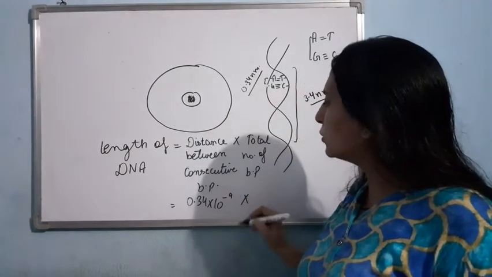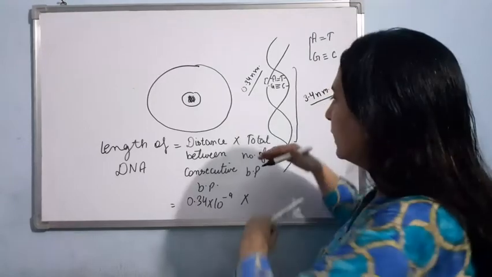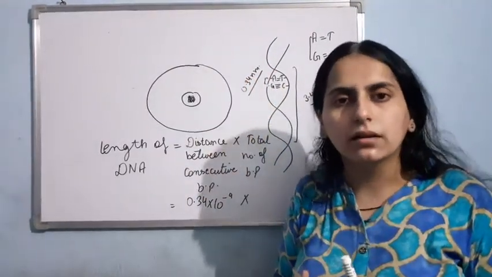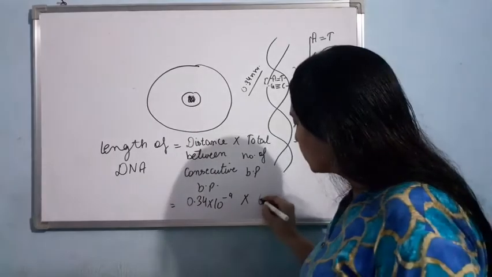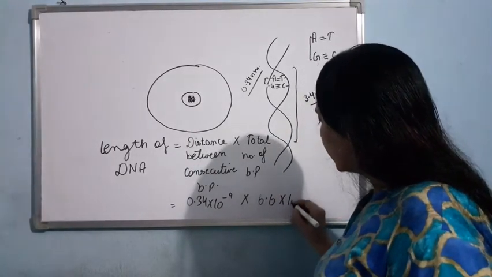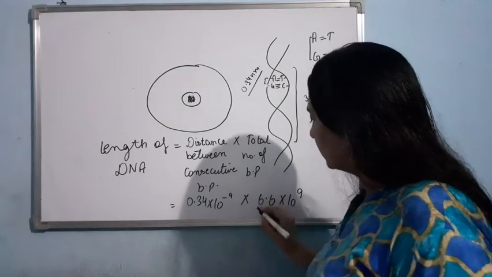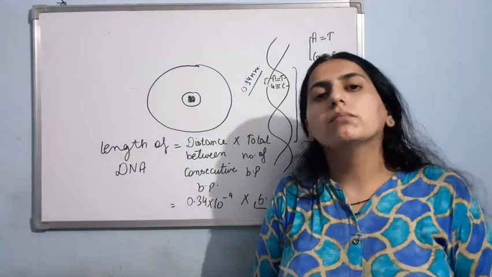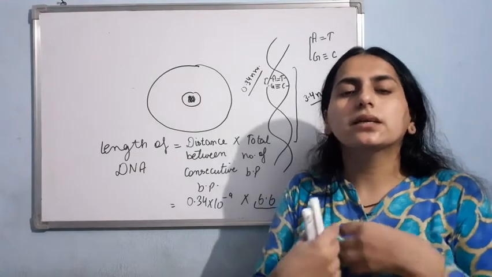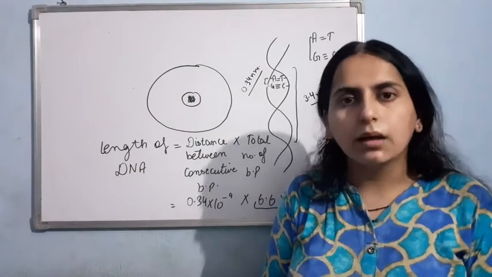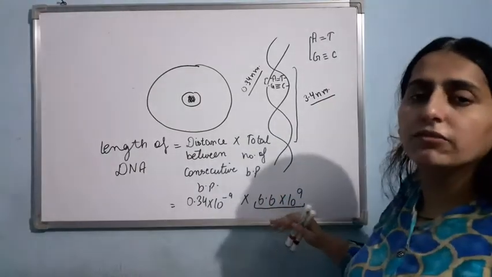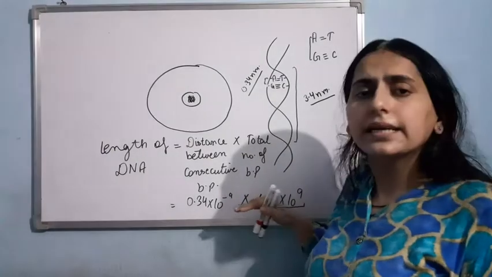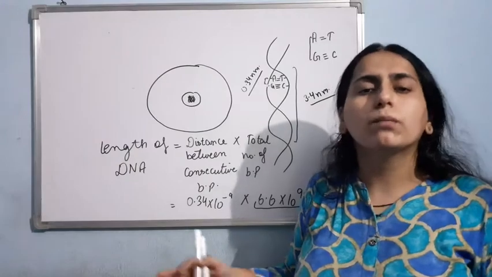And the number of base pairs in the human cell is 6.6 into 10 to the power 9. 6.6 into 10 to the power 9 base pairs are present in the mammalian human cell. Am I clear? This data has been verified experimentally. We shall discuss this in detail in the Human Genome Project.